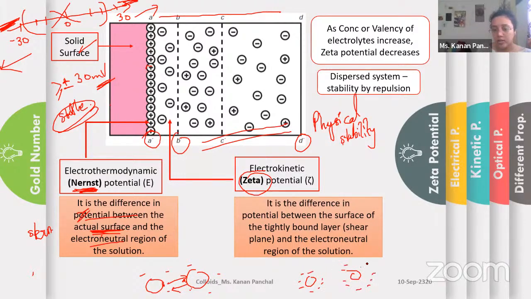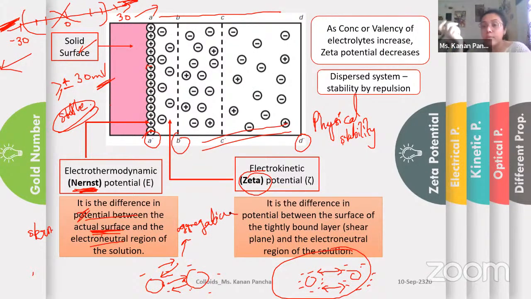So there will be a repulsion, and this is what we want for physical stability. Because agar ye hua, attraction hua dono ke beech mein, so it can lead to aggregation. And aggregation hua to you will lose the basic properties, right? So that is why it becomes important.